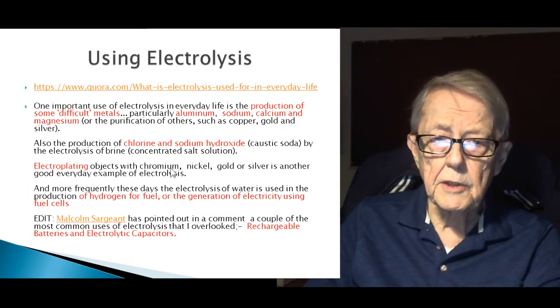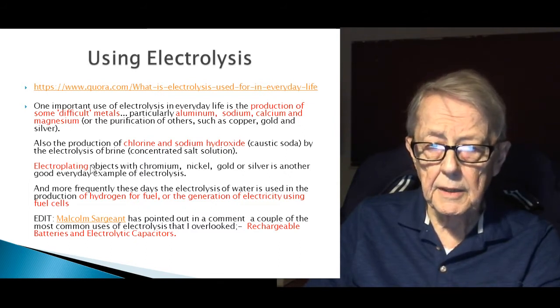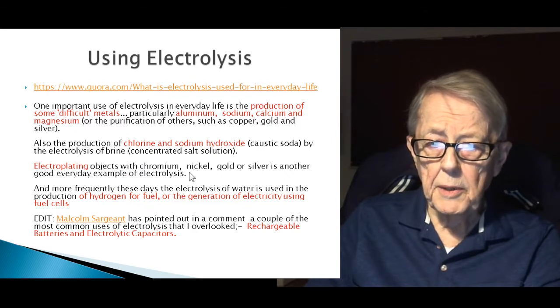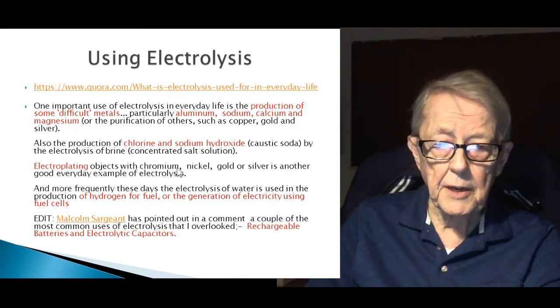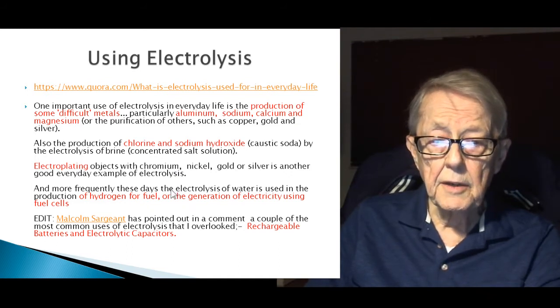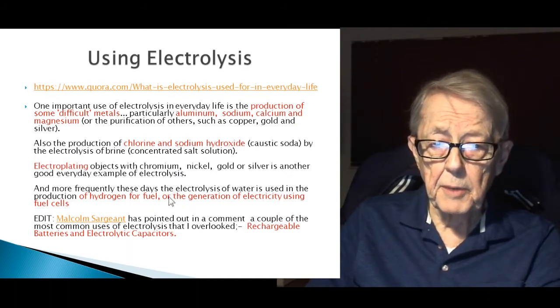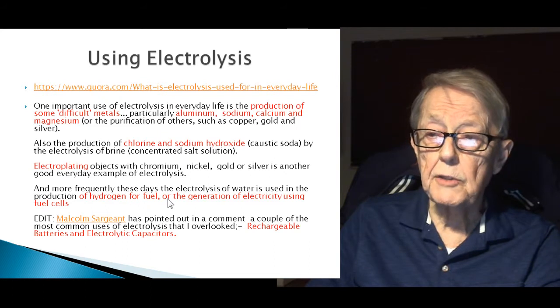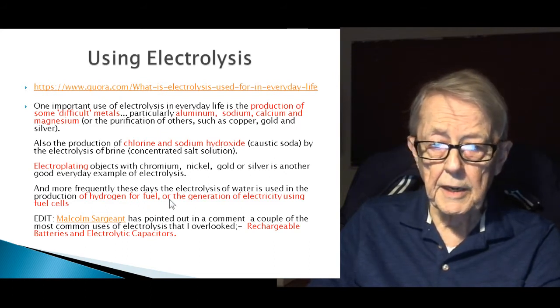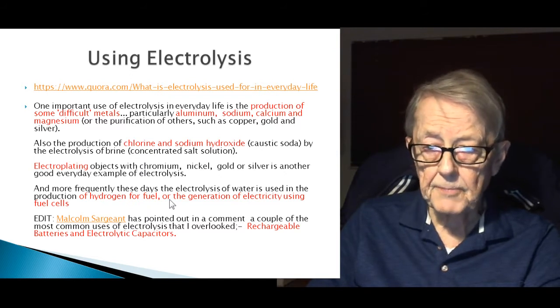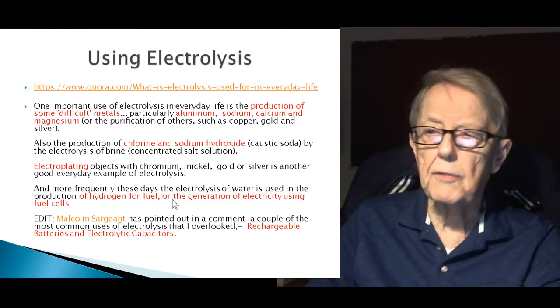You can use electrolysis for electroplating with chromium, nickel, gold, and silver being plated on the electrodes. And today it's being used to generate hydrogen for fuel and for fuel cells, generation of electricity for fuel cells.